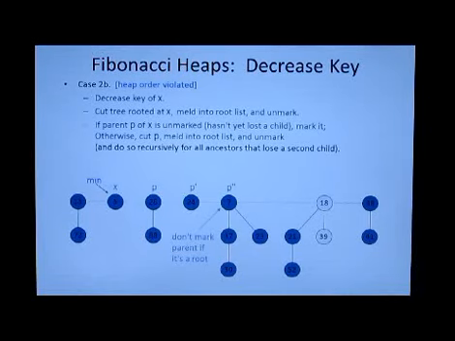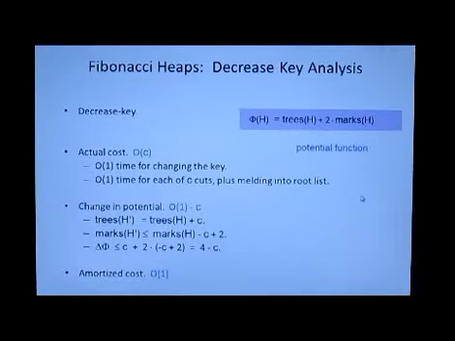Don't mark the parent if it's a root, and we're done. Decrease key analysis: the actual cost is O(1) time for changing the key, O(1) time for each of c cuts, plus melding into the root list, and the amortized cost is O(1).